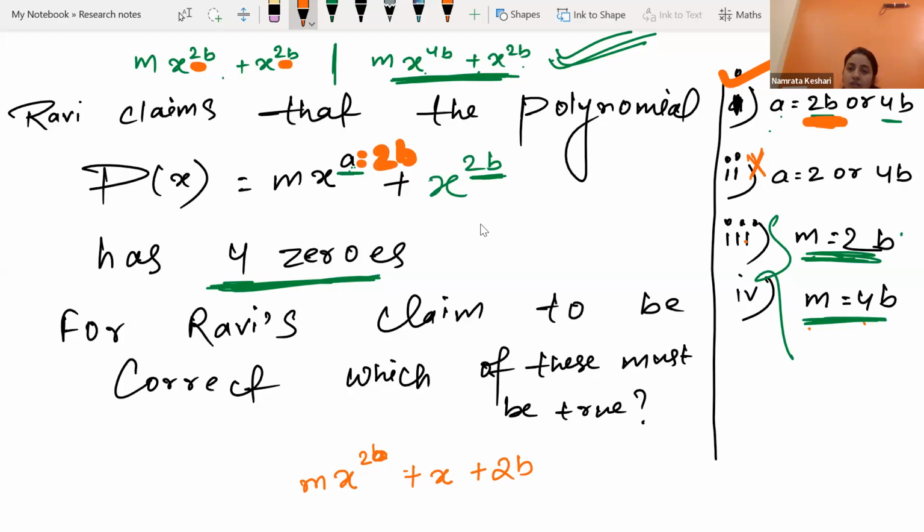In all these options, option one is more appropriate than the third and fourth. That's why we are choosing one, because we are talking about zeros, so we must focus on the exponent. Got it, everyone? Yes.